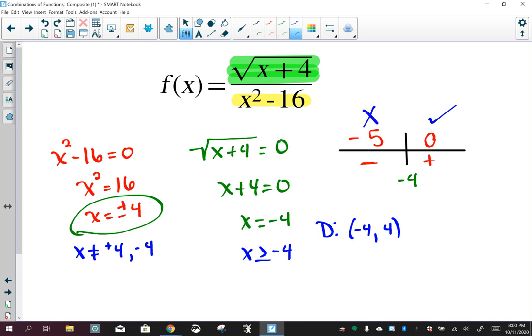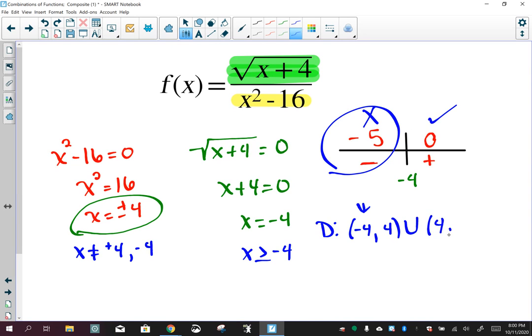The reason I have to do this is because this takes care of my denominator. So I'm going to start at negative 4, but I can't include it. But notice I don't have any negative infinity because negative infinity would generate a negative square root, and I can't have that. So again, then I'll come up to 4, and then I'm going to connect it.